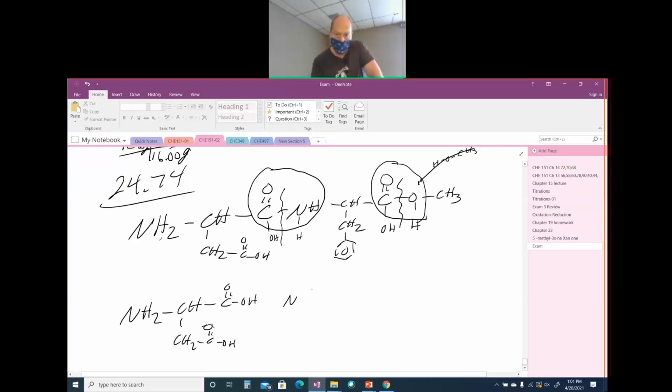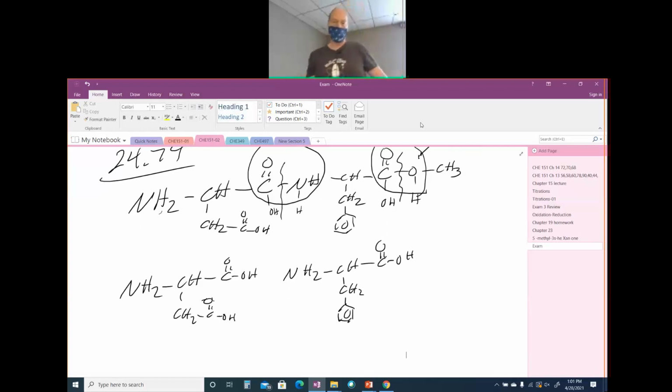And then you have your other one, which is NH2, your phenylalanine. So your CH2 with your benzene. And your C double bond OH. So there are the 2 amino acids that you get when you hydrolyze aspartame.